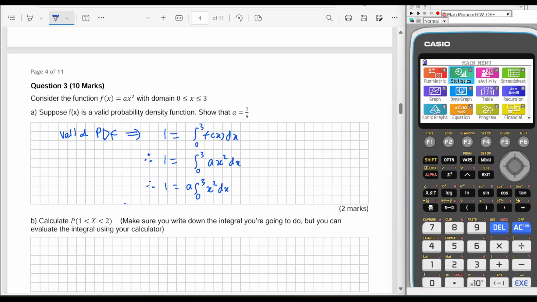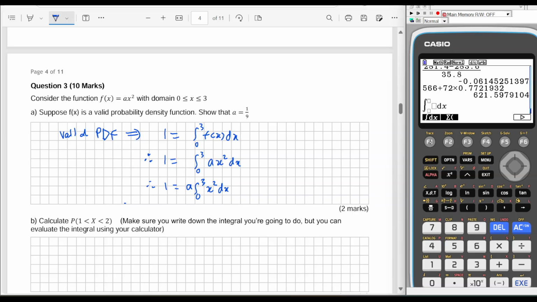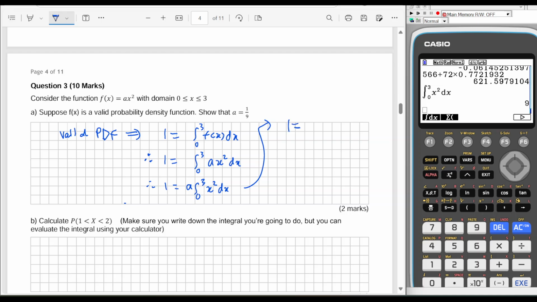Now, there's sort of 2 ways you can go about this. Since it's a show that, I will be doing the integral by hand in this video, but just to make sure that you got it right, or if the question was just like find a, you could just work out what that integral is, so it's 9. But I will do it by hand. So 1 is a times x cubed over 3 from 0 to 3.